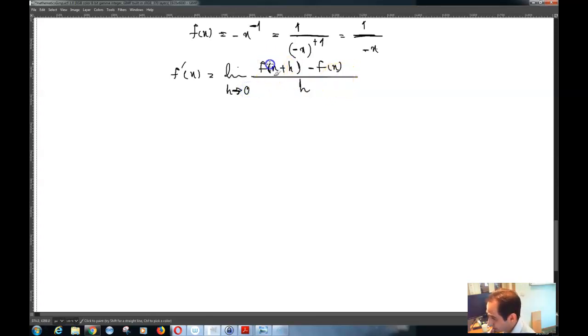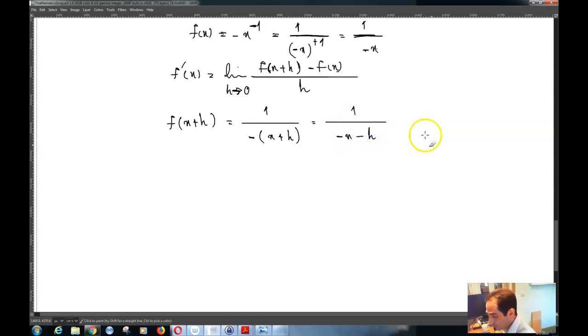Now in this case, f of x plus h is equal to 1 over negative of x plus h, which I can write as 1 over negative x minus h. So f of x plus h becomes this expression over here.